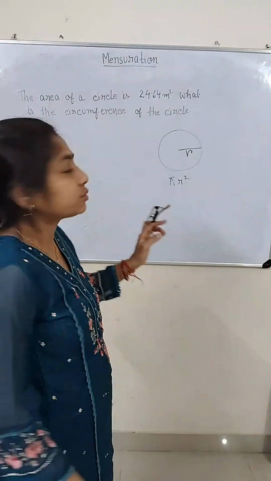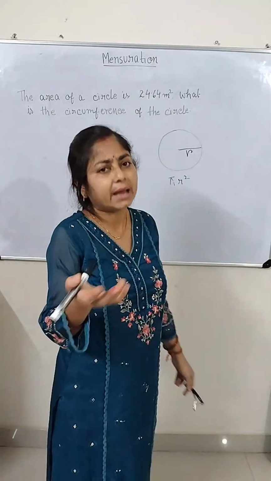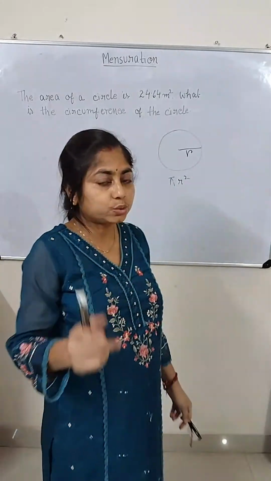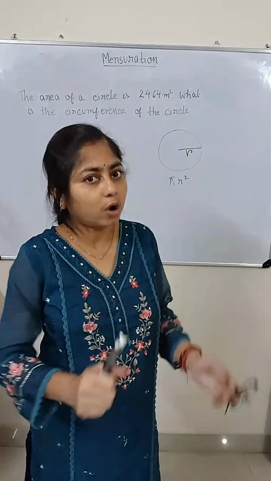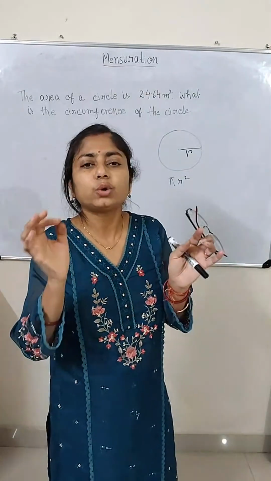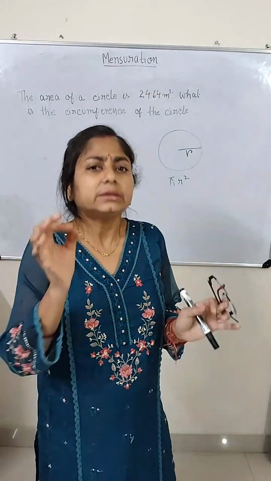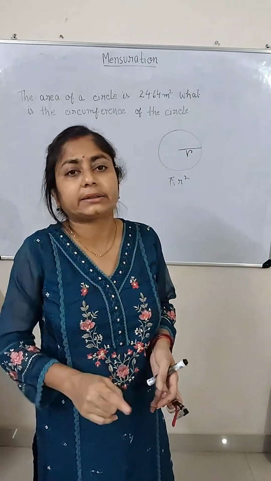I tell one more time. In our maths, the area of the circle is given as some number. So first what am I doing? I draw the circle. Why do I draw? Because in the maths, they don't give anything. They give only one digit and tell only one thing, area.